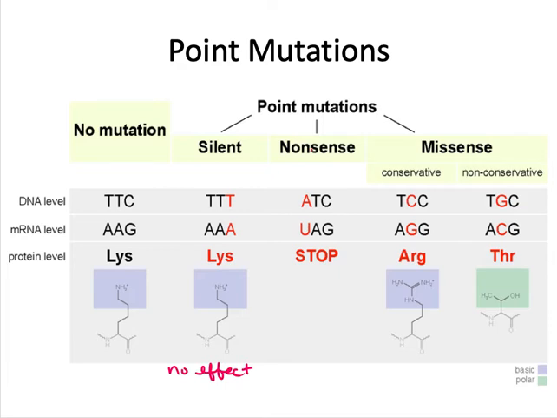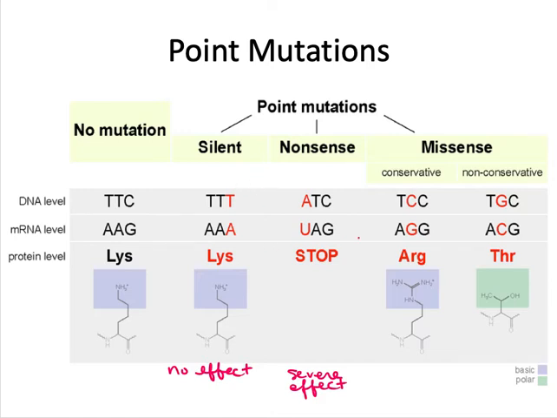In a nonsense mutation, we get the formation of an early stop codon, and this is going to be a pretty severe effect because you're going to get only a part of a protein made. And then the missense mutations can either have a little bit of an effect or it can have a major effect, like what you saw in your supplemental homework assignment where you did the mutation exercise on the sickle cell red blood cells or hemoglobin.